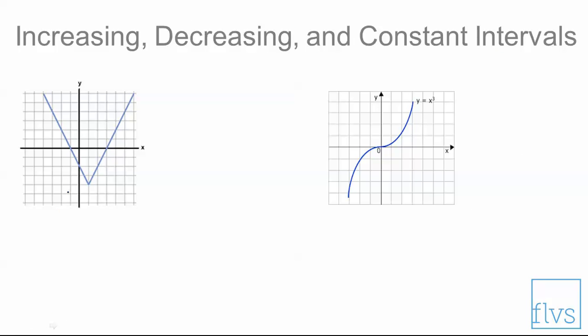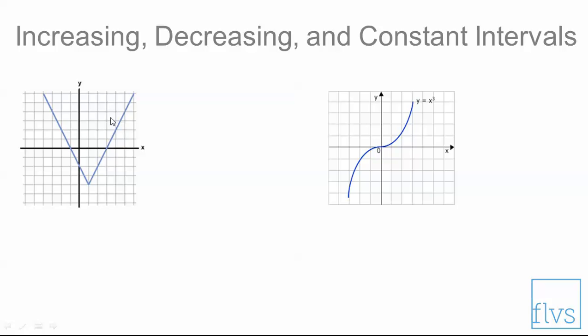Then you're going to be asked to know: is my graph increasing, decreasing, or constant, and where does it happen? This one is a little tricky because it's usually not the way that you think. Remember that we read a graph from left to right, the same way that we read a book from left to right. So I want you to burn that in your brain. When you're looking at increasing and decreasing, you have to read from left to right.